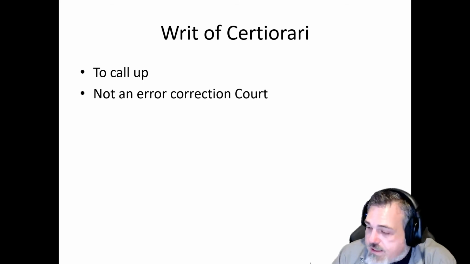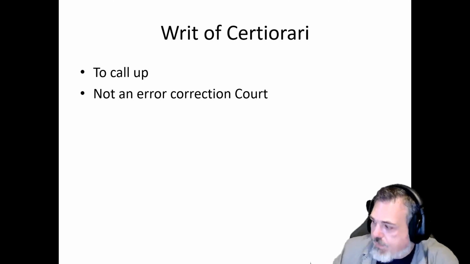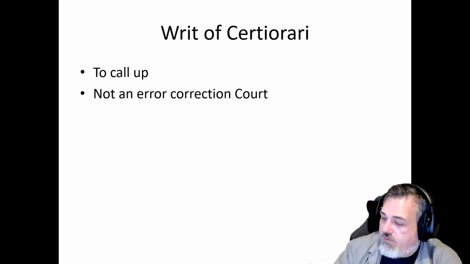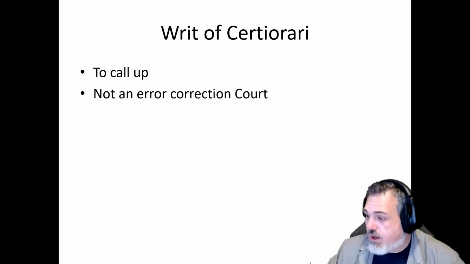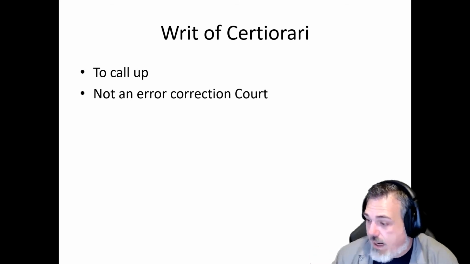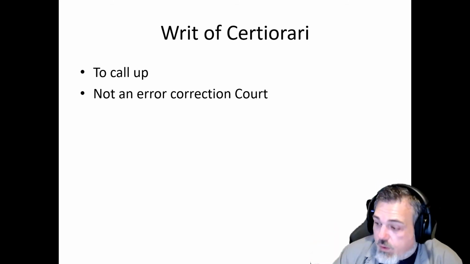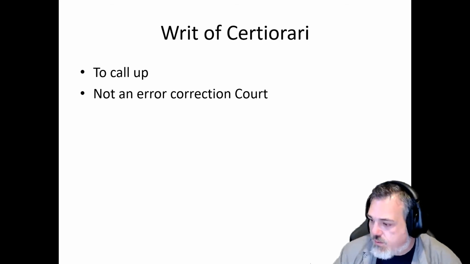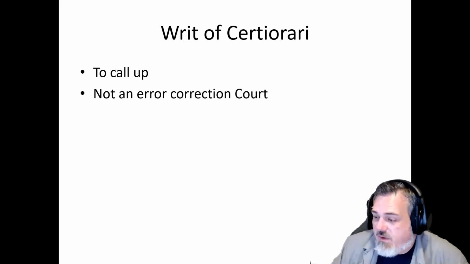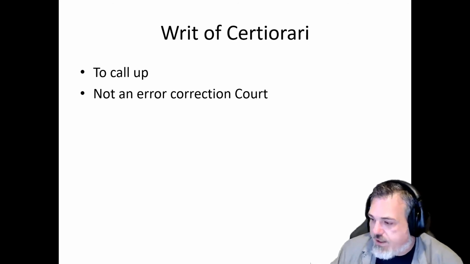What increases the likelihood of the Supreme Court hearing that case is if, let's say, for example, the Fifth Circuit Court of Appeals, which we reside in, decides an area of law very differently from the Ninth Circuit. So we have two circuits which are applying the same law in different ways. The Supreme Court will most likely hear that, because you have two areas of the United States that are under different enforcement of law.